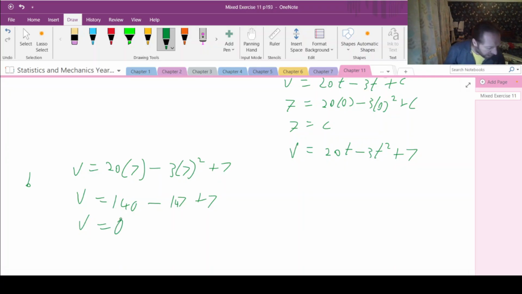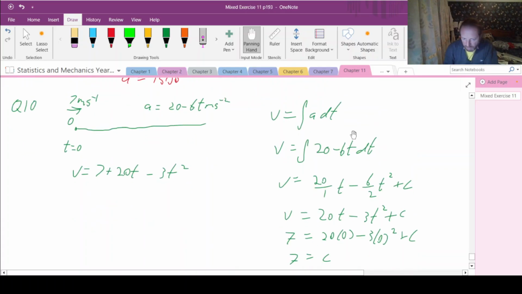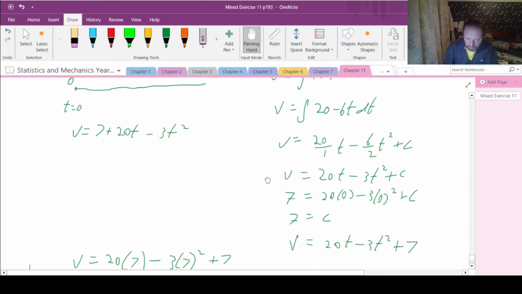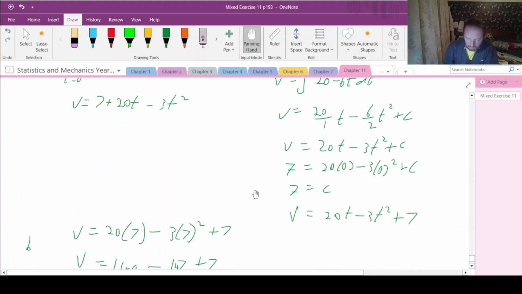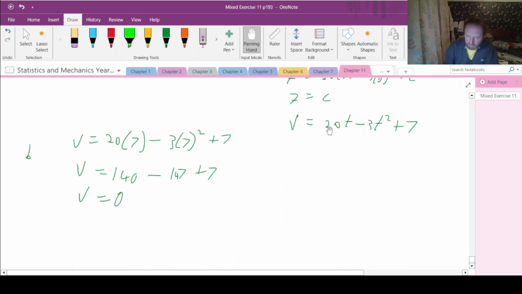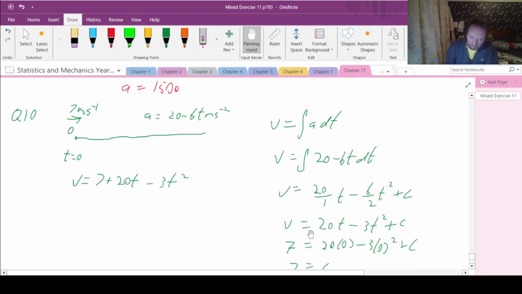And it says find the greatest speed of P. So if that's the velocity, the greatest speed, well, for a start it's a quadratic, isn't it? So it's going like that. If we differentiate it, it will be when the acceleration hits 0. Differentiation on this formula brings us back to 20 minus 6t.